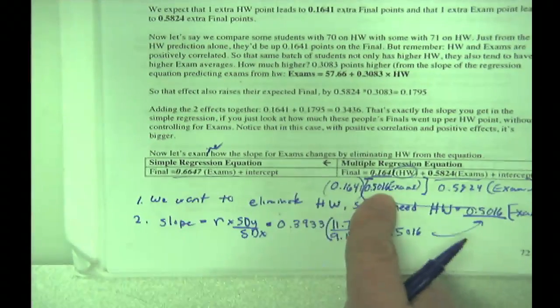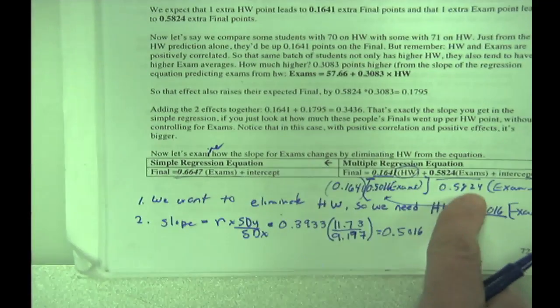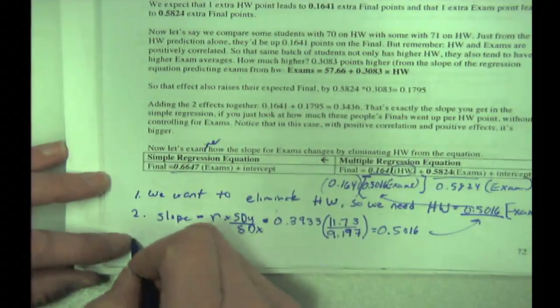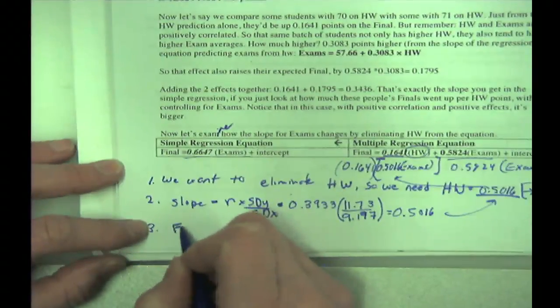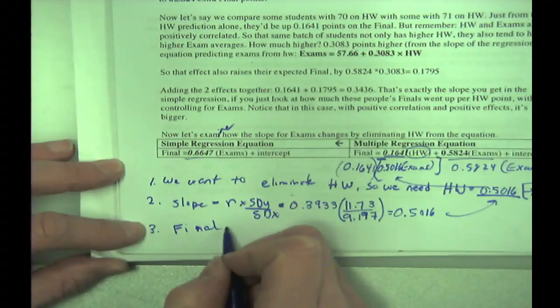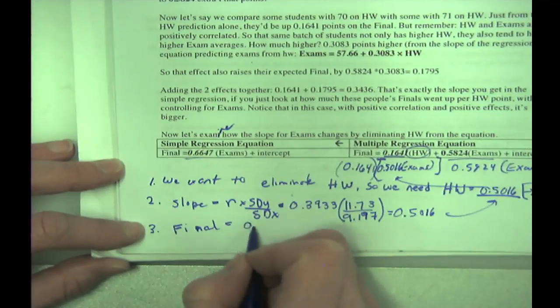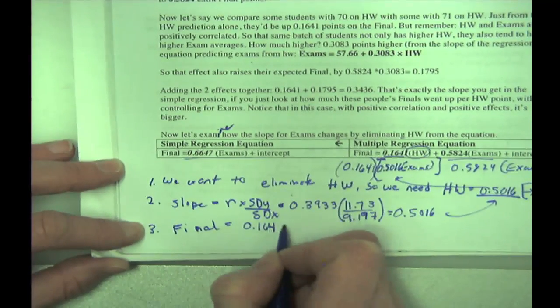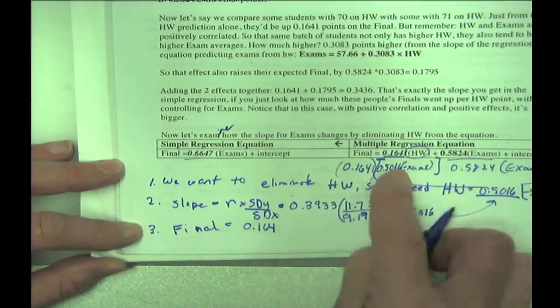So I'm going to multiply those two together and add it to that. And that'll be my answer. So we can do that, and we'll say the final, I'll just write it here because it's hard to read. So your final is equal to 0.164 times your homework.